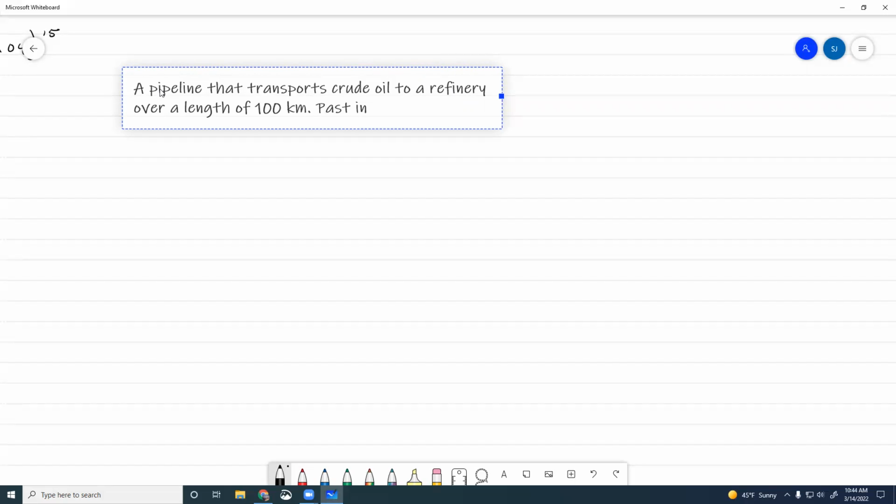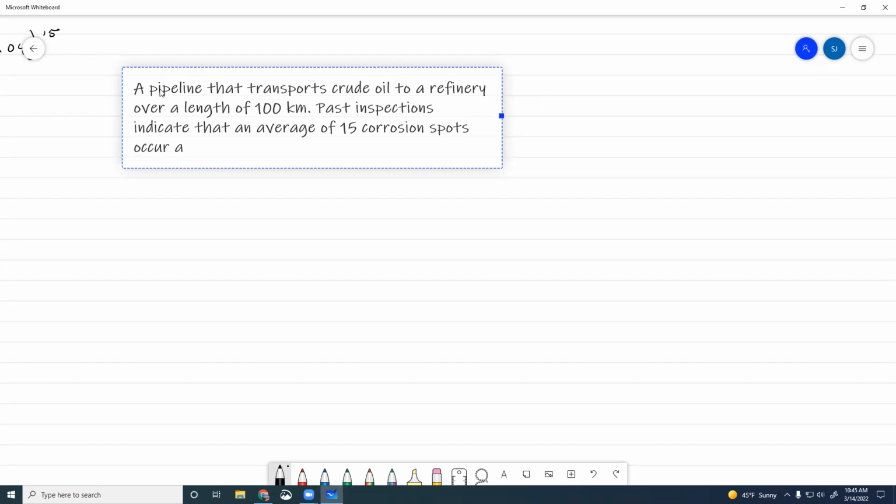Past inspections of the pipeline indicate that an average of 15 corrosion spots occur along the length of the pipeline that require repair.